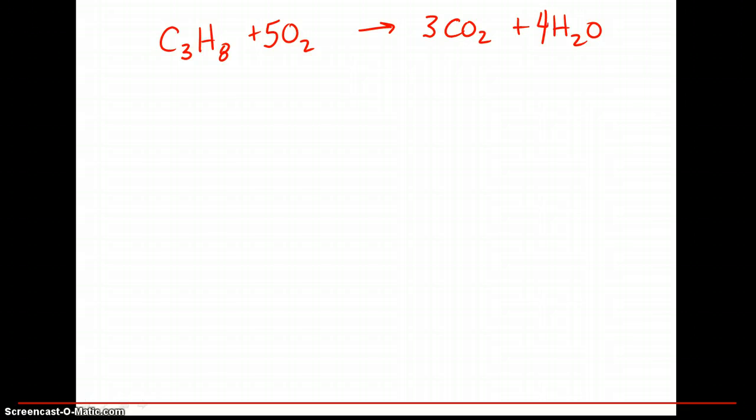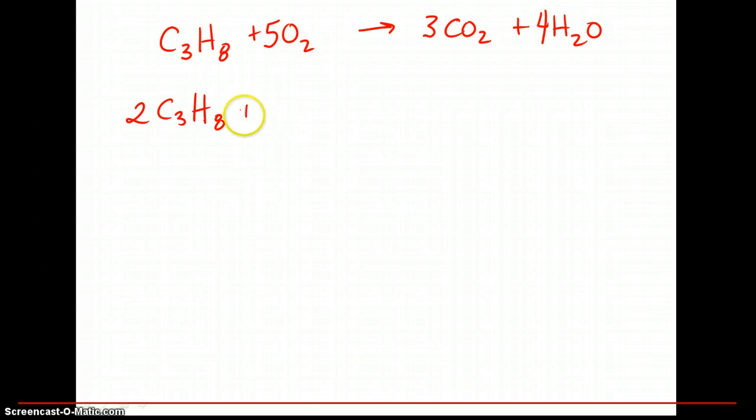So that means that for every mole of propane, I need 5 moles of oxygen, and it's going to produce 3 moles of carbon dioxide and 4 moles of water. So let's assume what happens if I have 2 moles of propane.